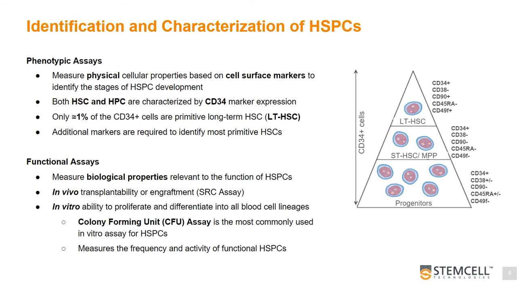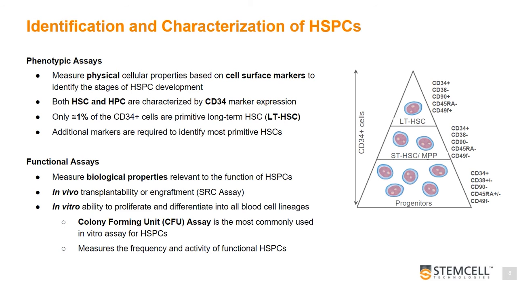Although an invaluable tool in HSPC purification, cell surface markers measure only the physical properties of the cell, while the most important determinant in stem cell characterization is their functional potential. To date, in vivo transplantation remains the only true HSC assay able to assess their hallmark features.